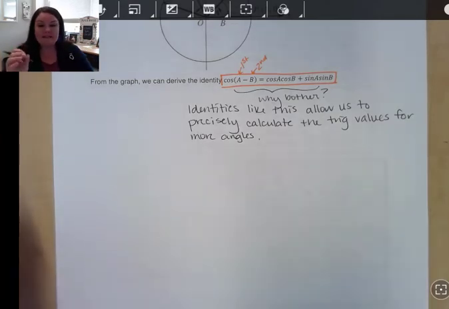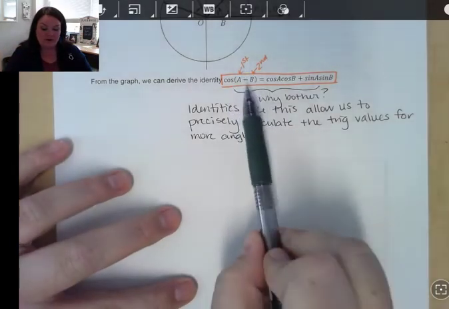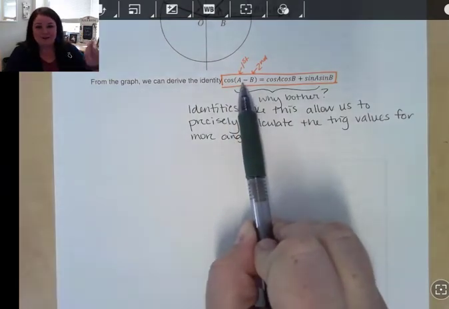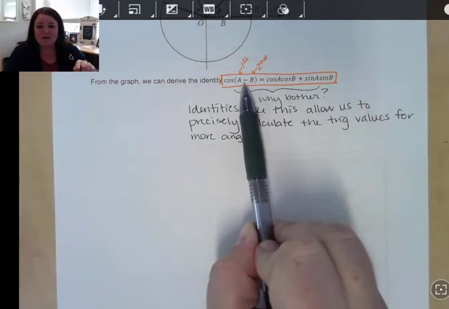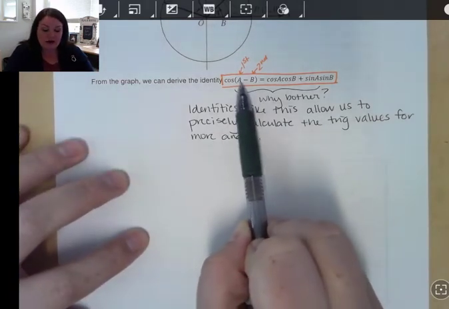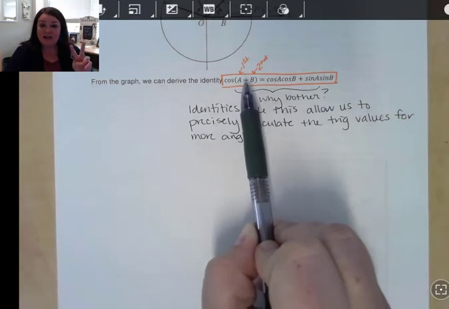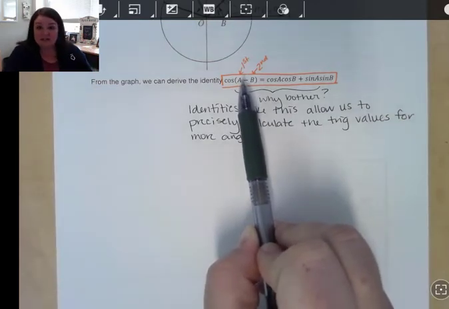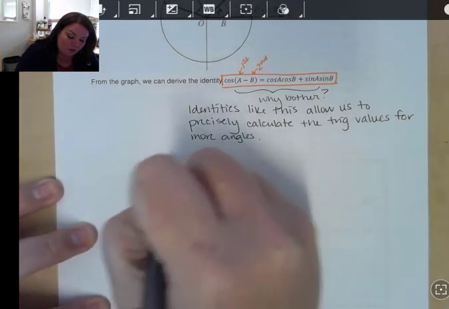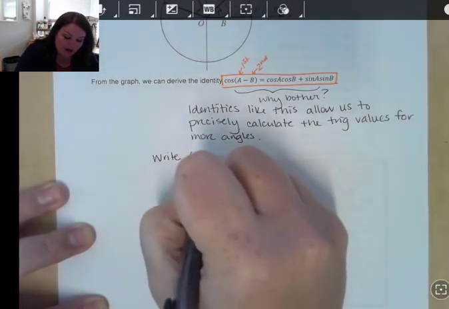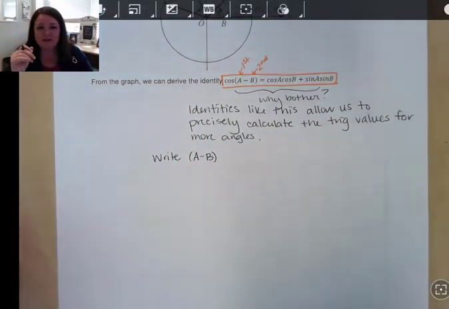Basically, if we want to find the cosine of some ugly angle that's not one of our quadrantal angles and not one of our nice reference triangle angles, what we can do is try to write that angle as a difference of two of our nice pretty angles, then we can actually calculate it. So I threw out cosine of 15 degrees. 15 degrees does not have a nice reference triangle.